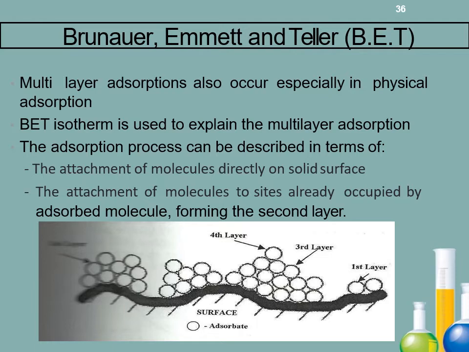The BET isotherm describes adsorption in terms of the attachment of molecules directly on the solid surface and the attachment of molecules to sites already occupied by adsorbed molecules, forming the second layer.